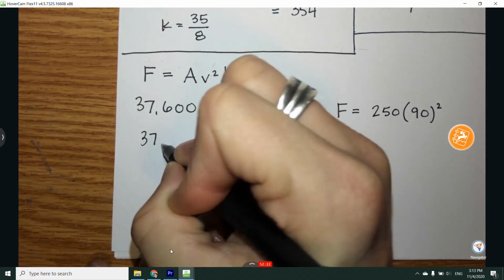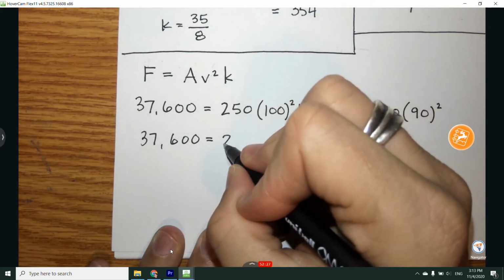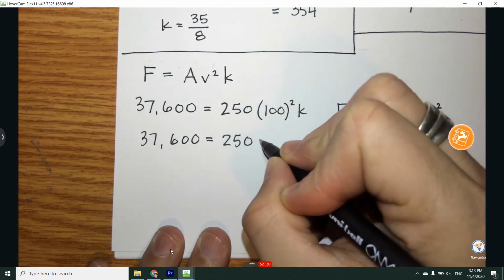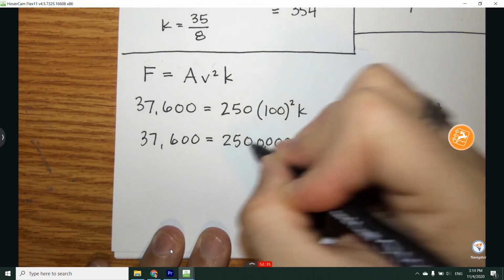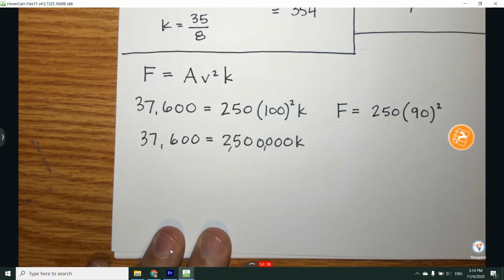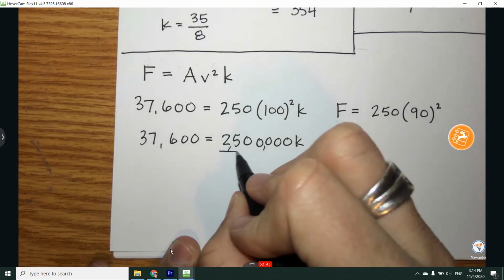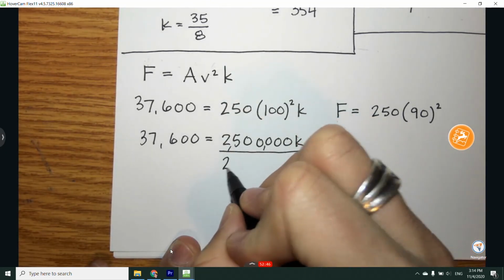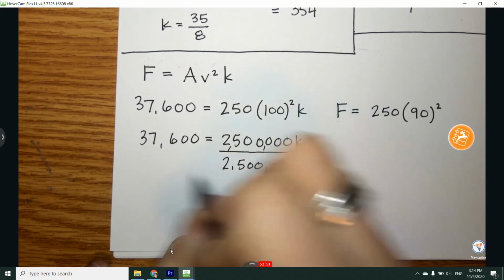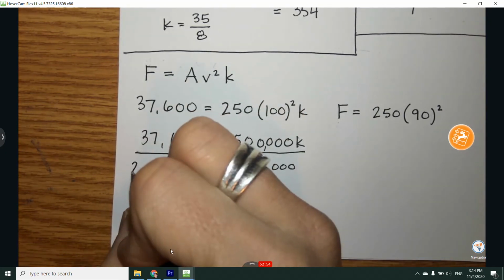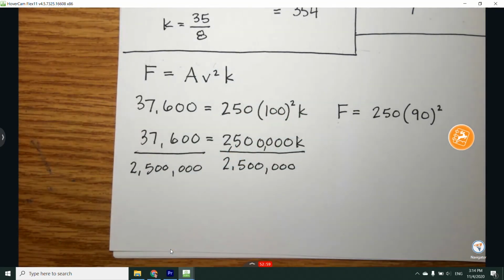So we should get 37,600 equals 250 times 10,000 times k, so this is 2,500,000 k. Now we're going to divide both sides by 2,500,000 and get what our k is equal to.